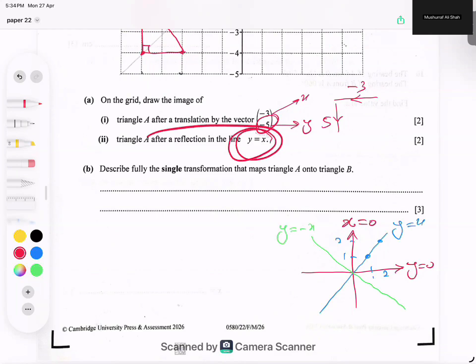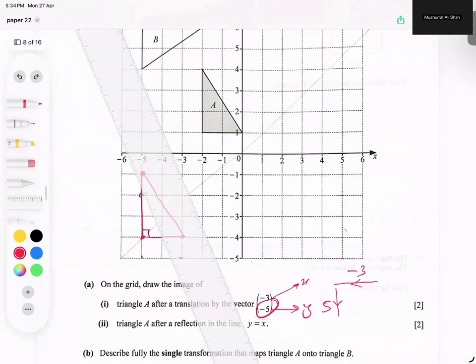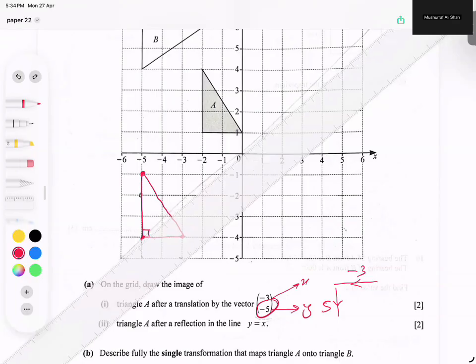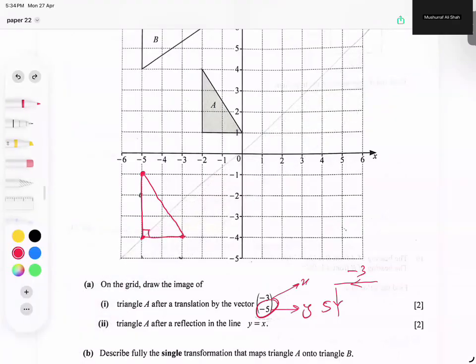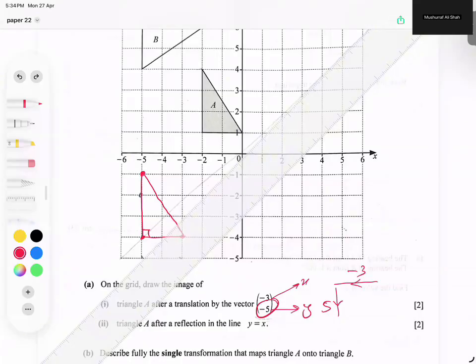Now we have to draw a reflection. Y equal to x. I will take a scale and draw the line here. No need to draw it full-fledged. Just a minute, please. No need to make the line fully, okay? Just roughly make it, and not complete, sorry. Wait a minute.